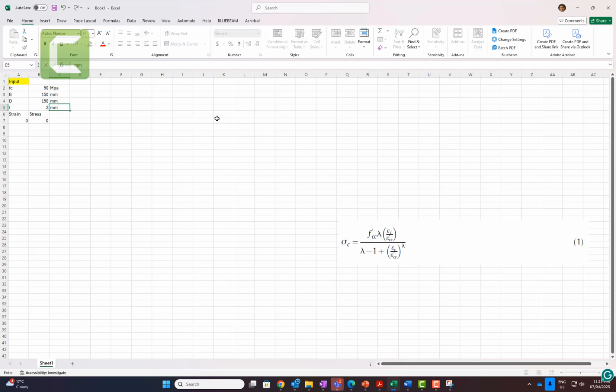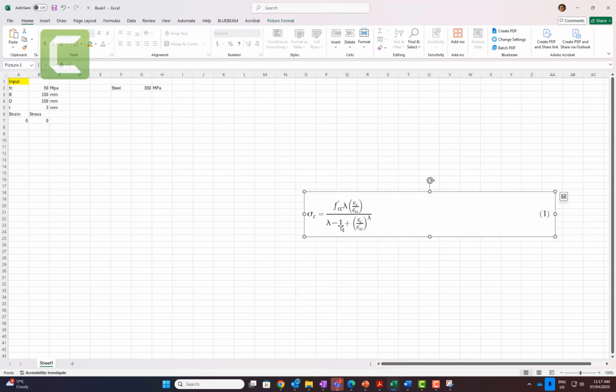Once you have these, we also need the steel tube yield strength. Steel tube yield strength, let's say we can use 350 megapascals. Now that's all good. So this is the first one.